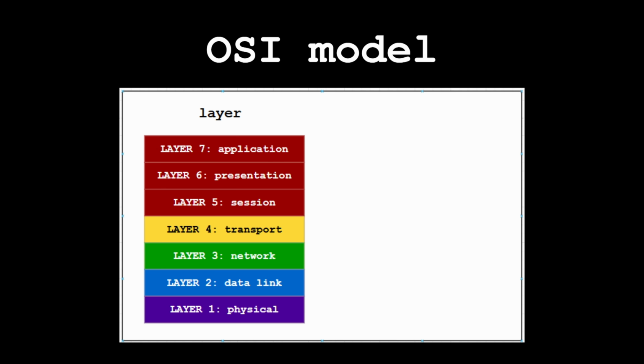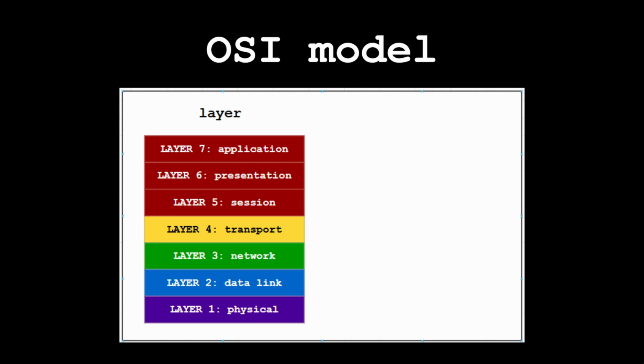This is what I mean by the OSI model being a reference model: each layer is very commonly referred to by layer numbers. So for example, when I say something like, this has got to be a layer 3 problem, what I'm basically saying is that there is a problem in the network layer and we've got to fix that.